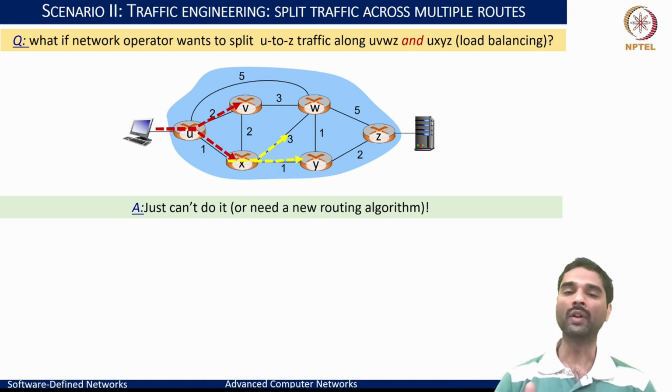But that would work, but have unpredictable behavior in terms of which set of flows would end up taking what path. And this is where we need to rethink how we could address this specific problem of splitting the traffic across multiple routes.